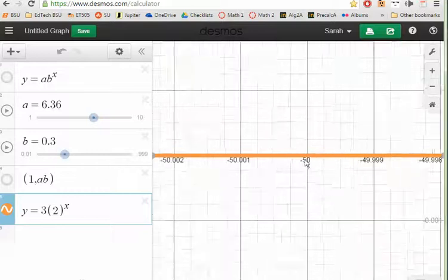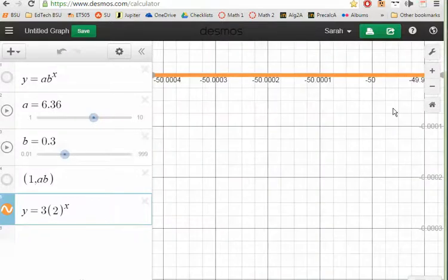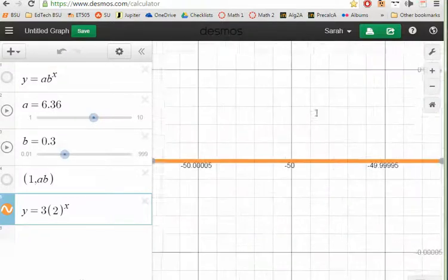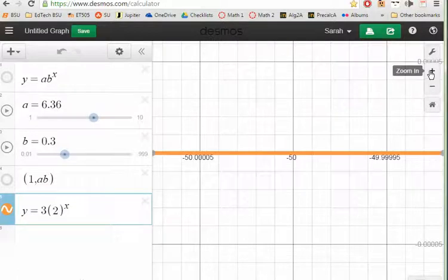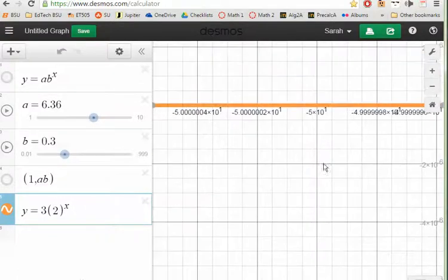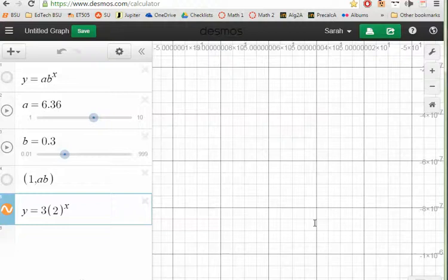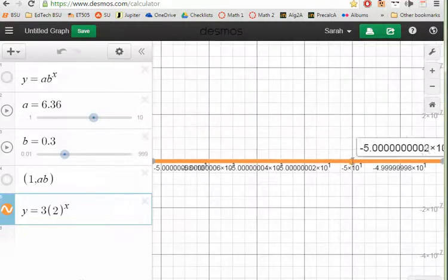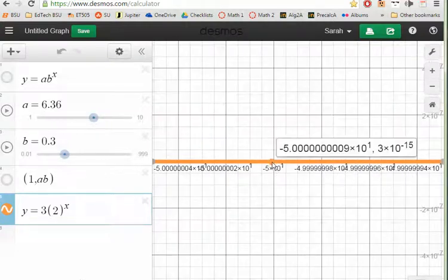Let's see where we're at. It still thinks it's 0. We're going to have to zoom in for a day or two probably, but eventually we'll see it's not actually 0. What if I do this? Oh, that's much faster. Okay, once you're getting into scientific notation, then it's getting a little better. Oh, okay. We have something as the y value that is not 0 at this point. All right, we're getting 3 times 10 to the -15th power, which means we would move the decimal to the left from the 3 15 times.